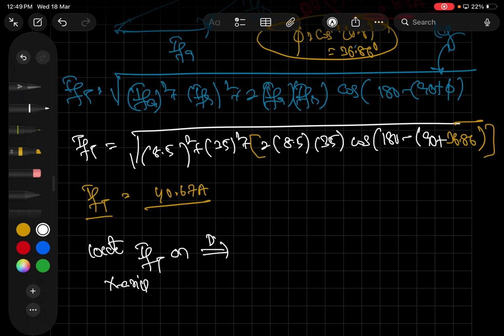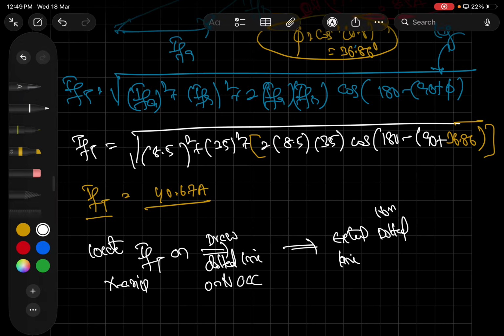From this, draw a dotted line onto the OCC, and after that extend a dotted horizontal line onto the y-axis, and that point will be E0.